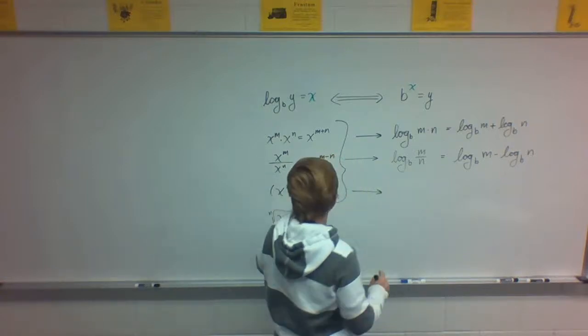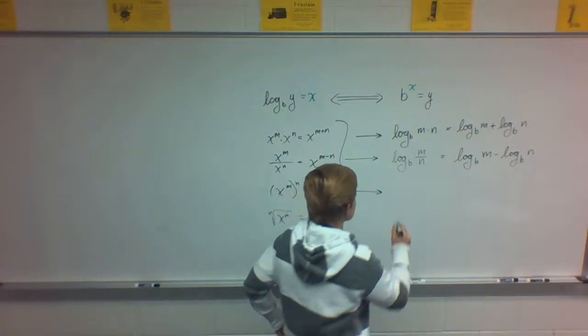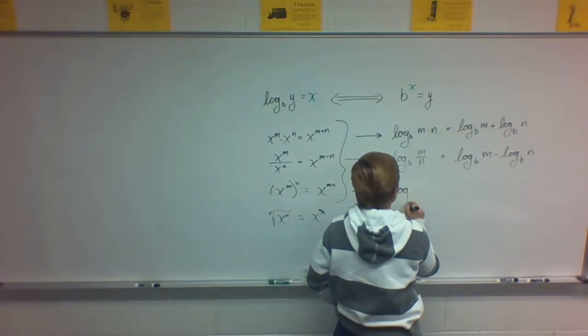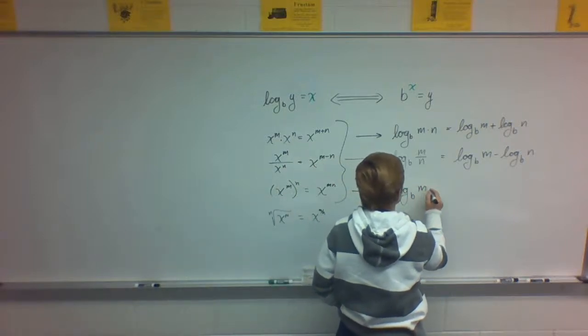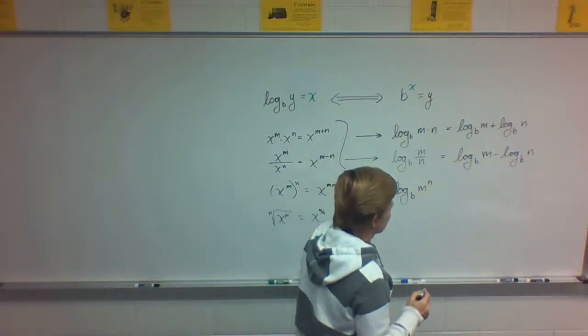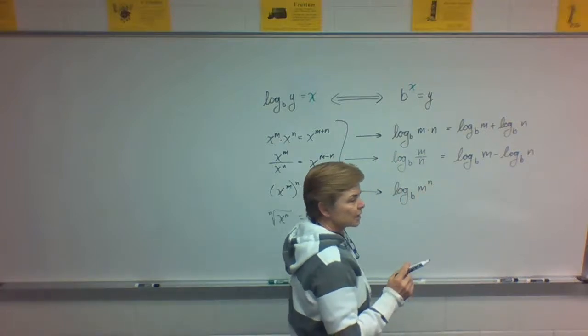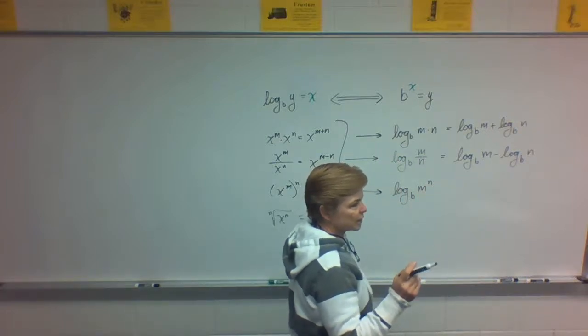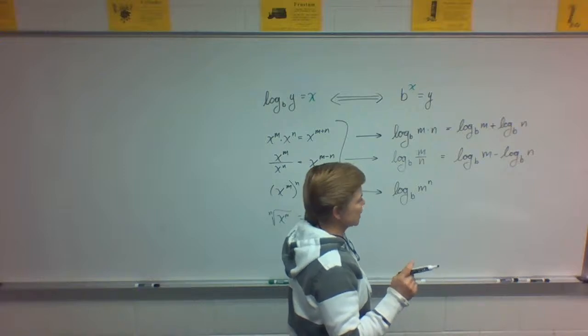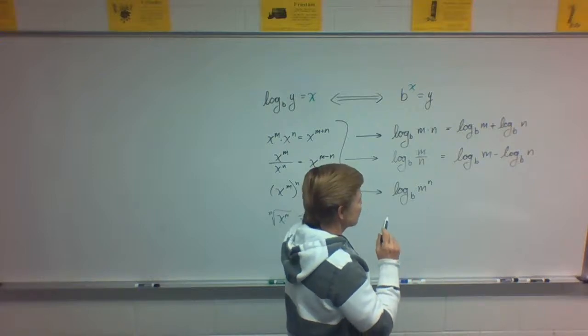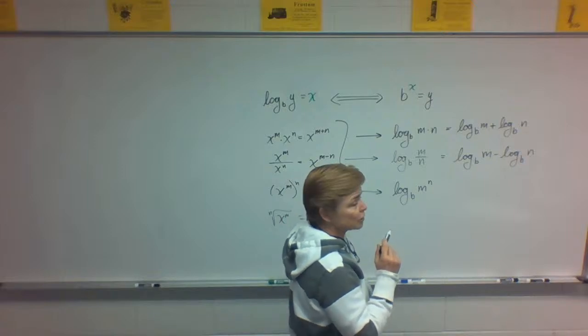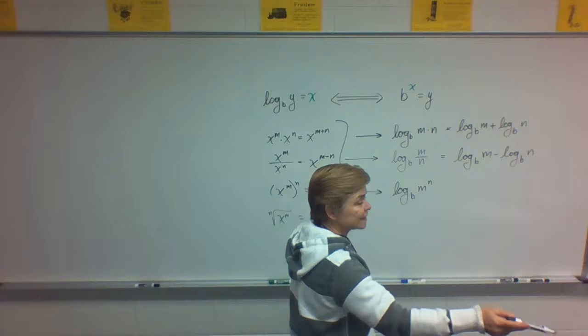Okay. This one's a little weird. This one says the log base b of m raised to the n. That becomes, this one's a little touchy, so we might want to pay attention. If you're still writing, finish writing and watch up here. This is the one that's a little bit bizarre, a little bit strange at first when you see it, but it's also the most important one. This is the most important for progressing in this chapter.